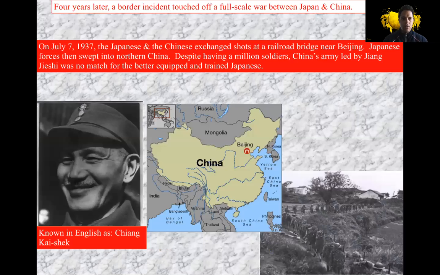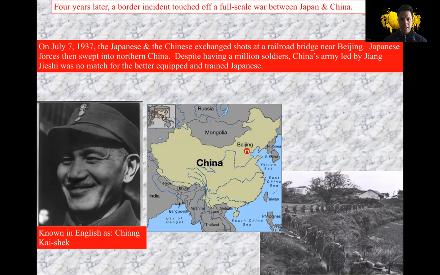Now, on July 7th, 1937, the first full-scale war with the Chinese would start. The Japanese and Chinese would exchange shots at a railroad bridge near Beijing, and the Japanese would use this exchange as basically a reason to have a full-scale invasion into China.